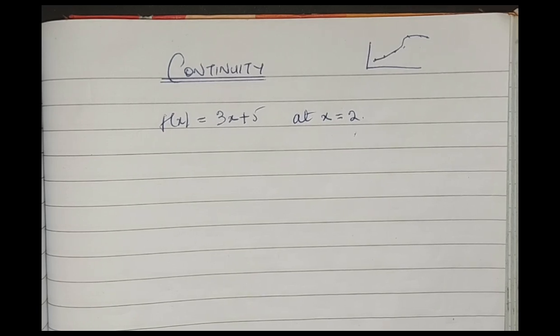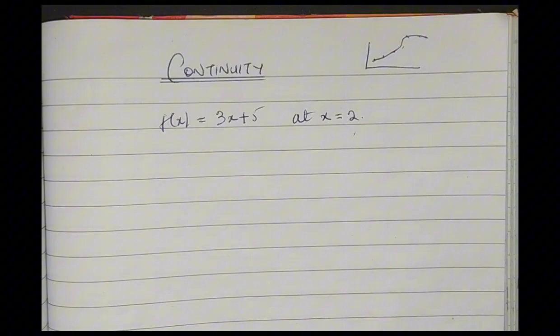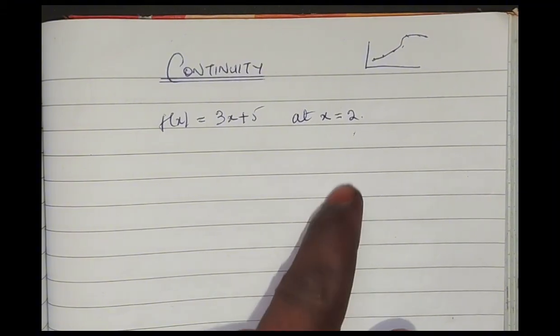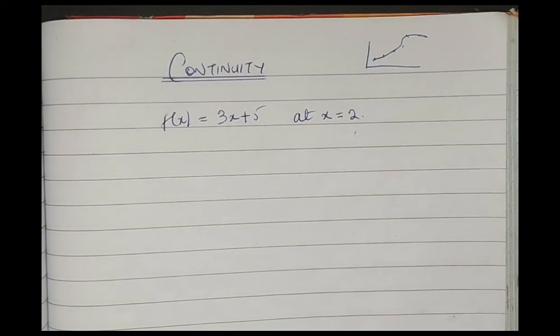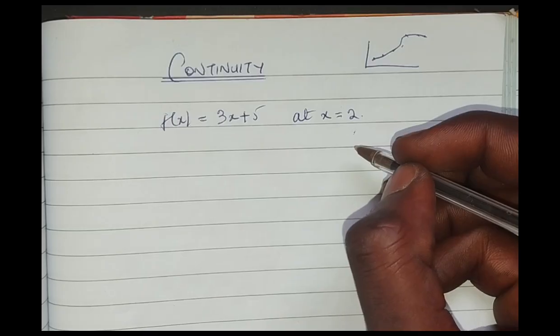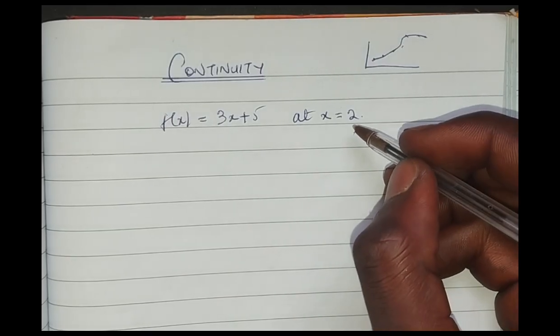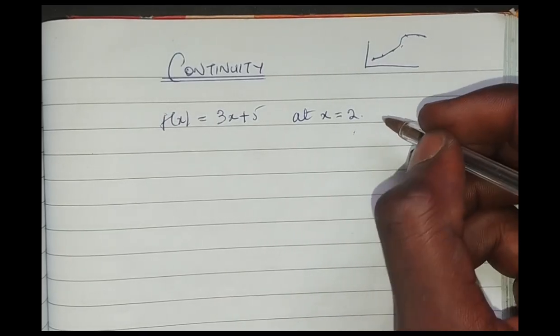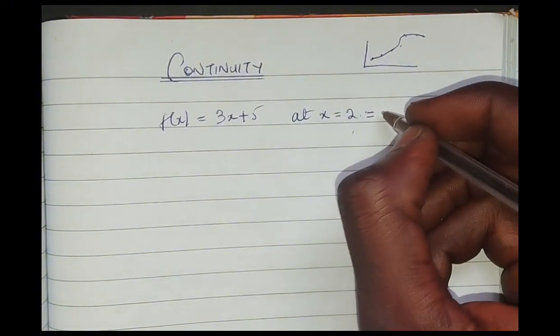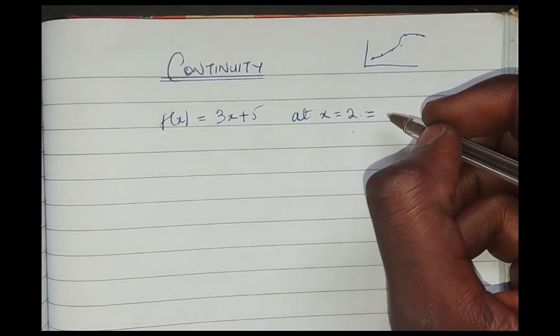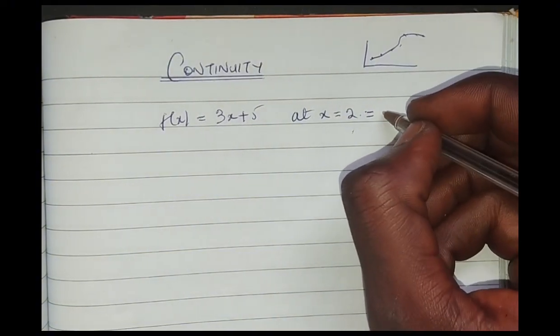Now, a function is continuous around that value or at that value if the function is defined at the value. Now, I'm going to assume this 2 to be equal to whatever variable I like. In this, mostly a is used.